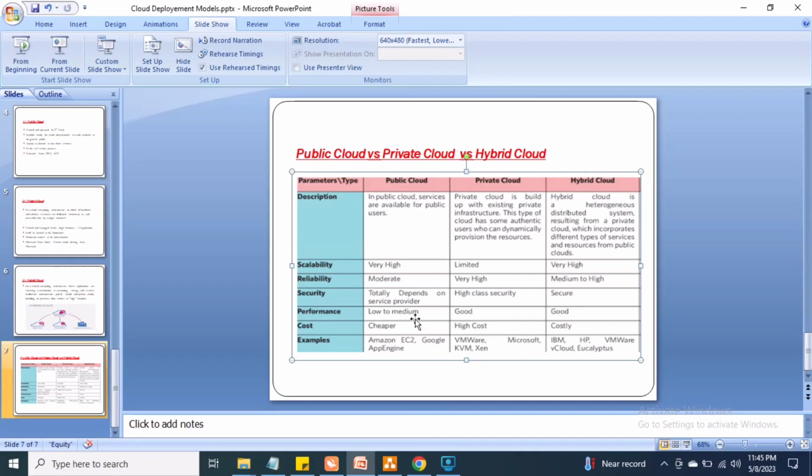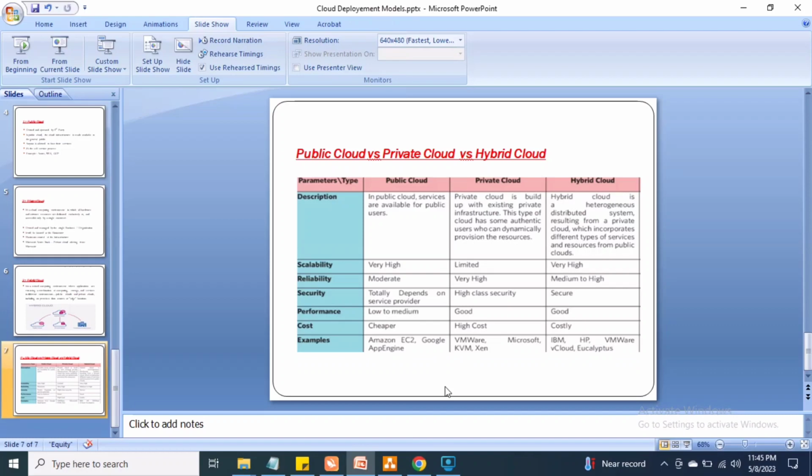Now comes the performance. The performance in public cloud is low to medium, private cloud is good, and hybrid is good. And the cost effectiveness. The cost is cheaper in public cloud because it is pay per use. You pay per using the services. In private cloud, the cost is high.